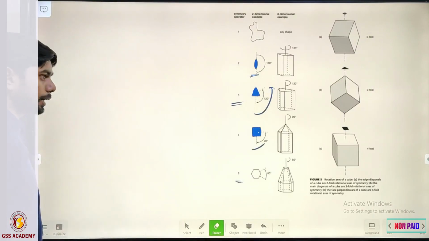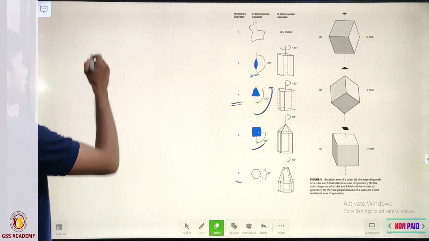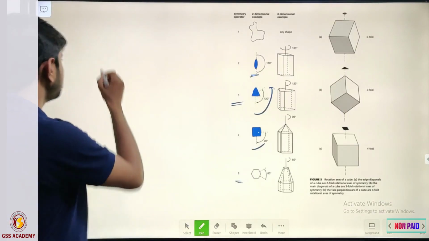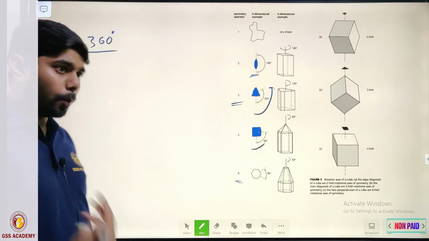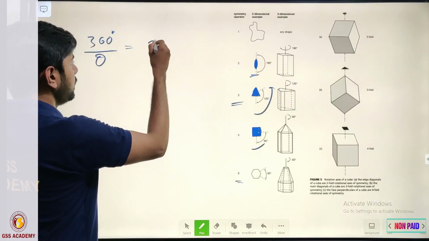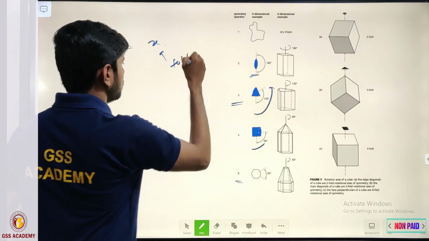Similarly, after seeing these things, we will generalize the equation. The fold of a symmetry is like this: if we are rotating the crystal to 360 degree, at how much degree the same phase is appearing, that will give the fold of the particular axis.